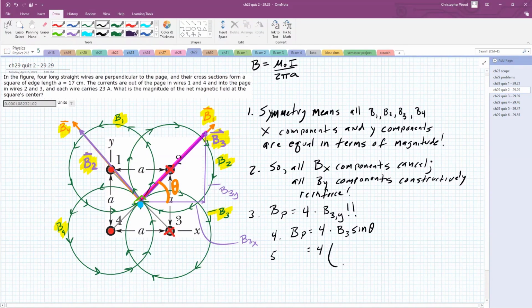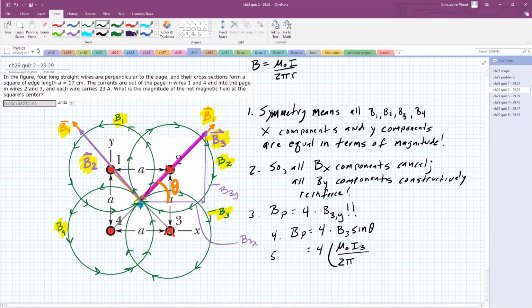So just plugging that in here, I have mu naught, subscripts are critical, the current going through wire 3, so that's why that's a subscript 3, because it's the current going through wire 3 that creates the magnetic field B3, all over 2 pi A. What is A? A is kind of an unfortunate choice, because A is already used, so I'm going to change this to R, just to avoid confusion: 2 pi R.